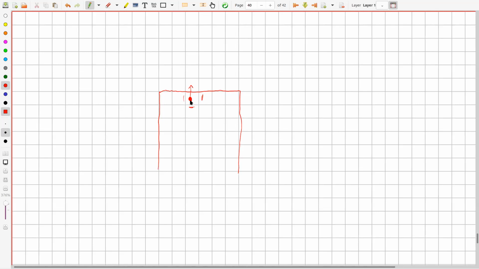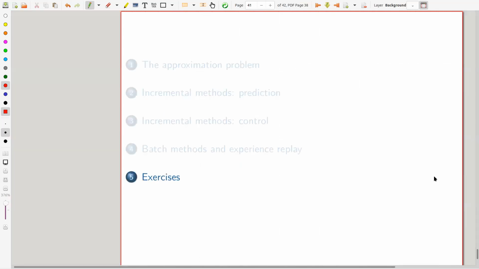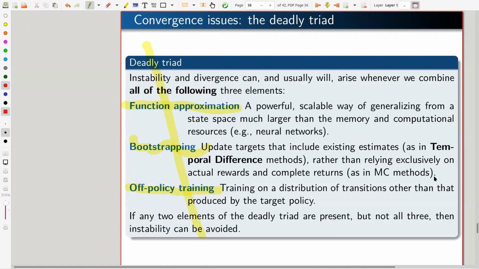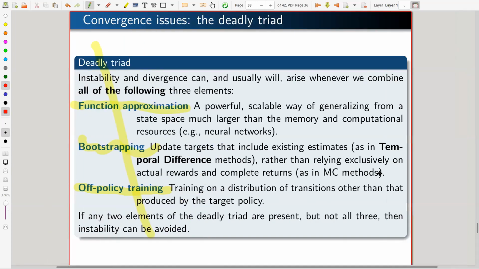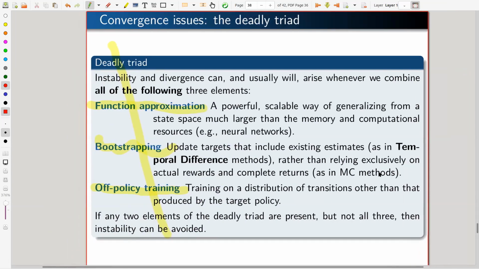Okay, thank you. My second question was about the last slide you showed about the three features. Yeah, exactly. I think that in the paper in which DeepMind achieved the superhuman level on the Atari games, the Deep Q-Networks, all three were in it, right? Yes, and that was the first big success in defeating the deadly triad.